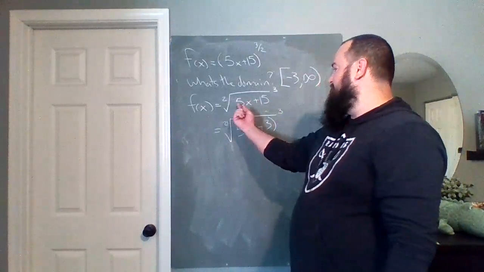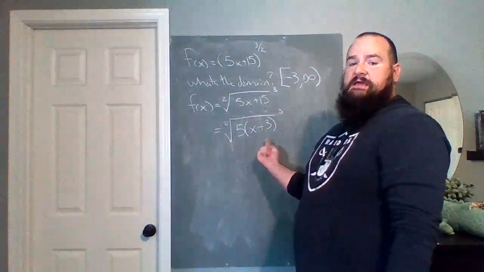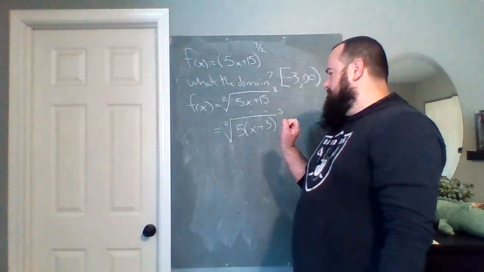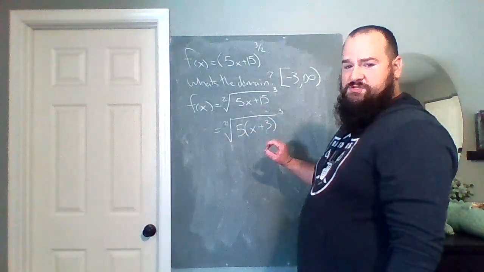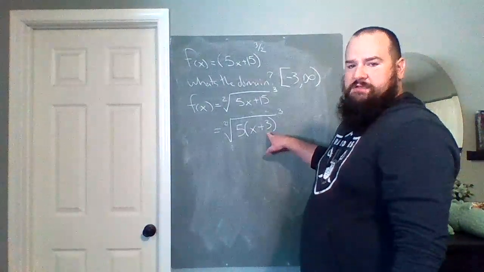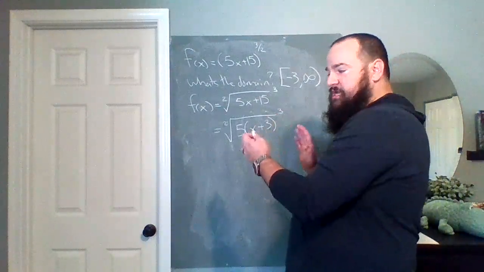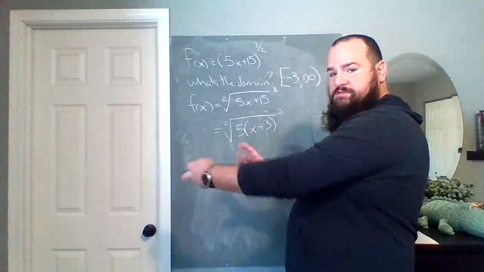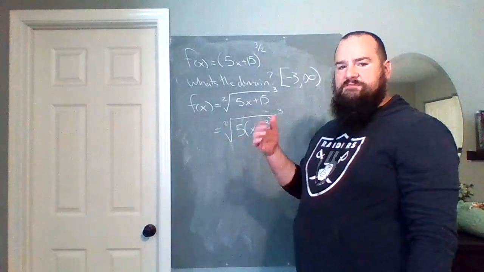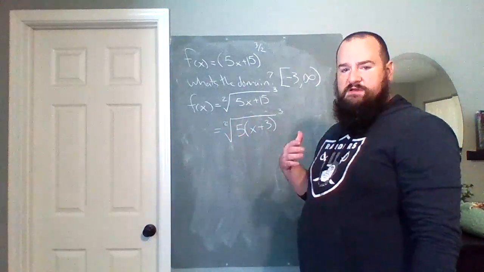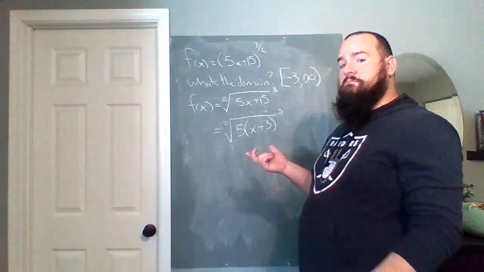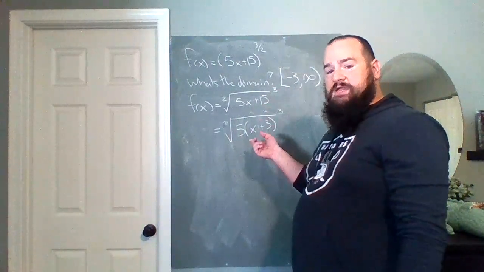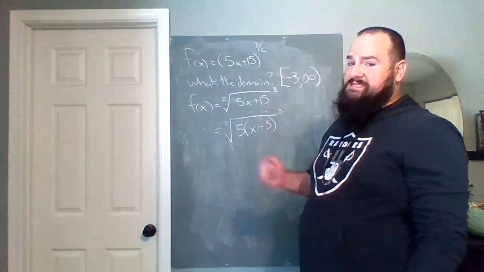So I pulled the 5 out of both the 5x and the 15. And I'm left with this. Why this helps is because this now looks like transformations. This plus 3 is a horizontal shift left 3 units. So it took our domain of the square root of x that was 0 to infinity, and it moved it 3 units over to negative 3 to infinity. So if you can see that as a transformation, sometimes finding these domains is really easy.